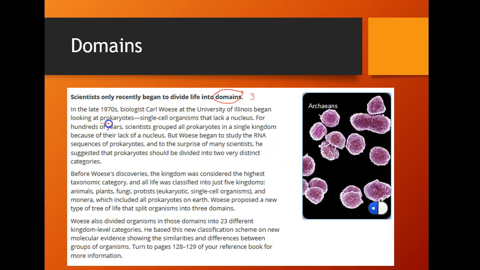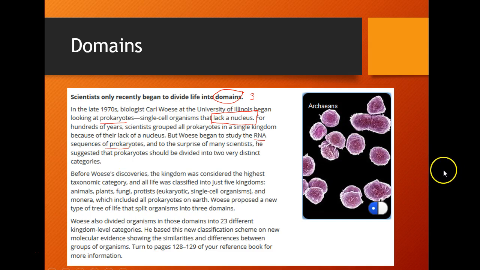They linked all the prokaryotes together because all the single-celled organisms lacked a nucleus, and they thought that was a very common characteristic to start with. However, when scientists began to study the RNA sequences of prokaryotes, they figured out that the bacteria and the archaeans should actually be in two very distinct categories.